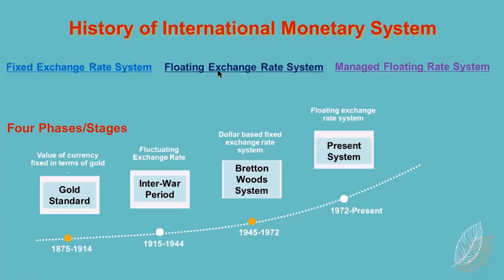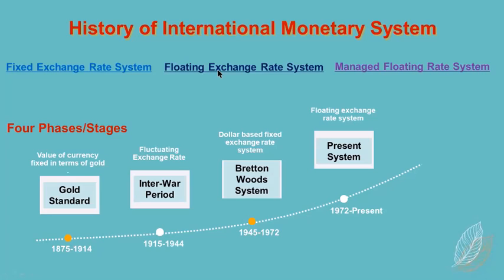Suppose there is a global financial crisis, the currency of a particular country may be very much affected by the crisis across the global economies. So the government, along with the central bank, may intervene to regulate the movement of that currency. If there is a liquidity crunch, more currency will be brought into the market, or if there is plenty of currency in the market, to avoid artificial shortage, some currency will be pulled out of the market.